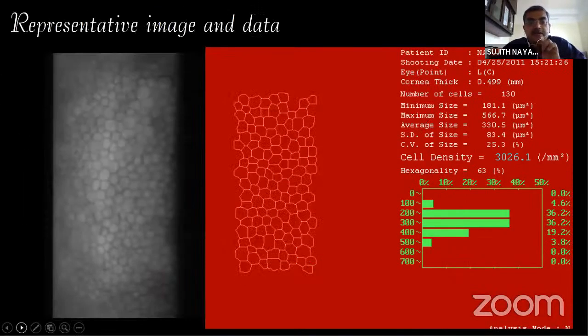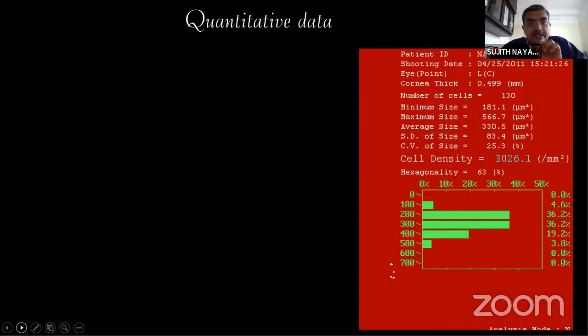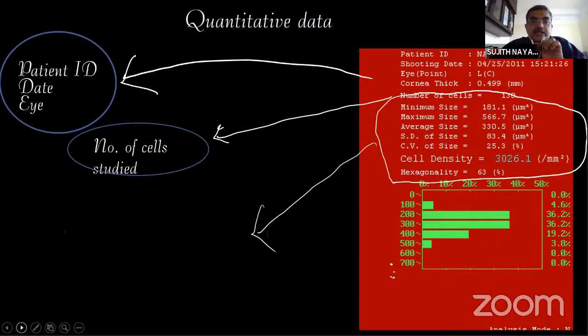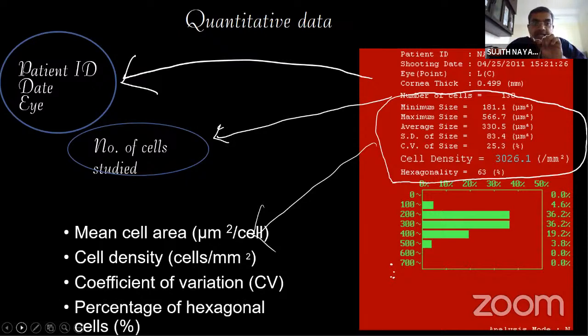So this is a classic printout that you get with the pictures of the cells as well as the details. Next slide, sir. In the details, when you look at the quantitative data, you look at the printout. First and foremost is the patient ID, date, as well as the eye, like what we normally do for any other investigation.